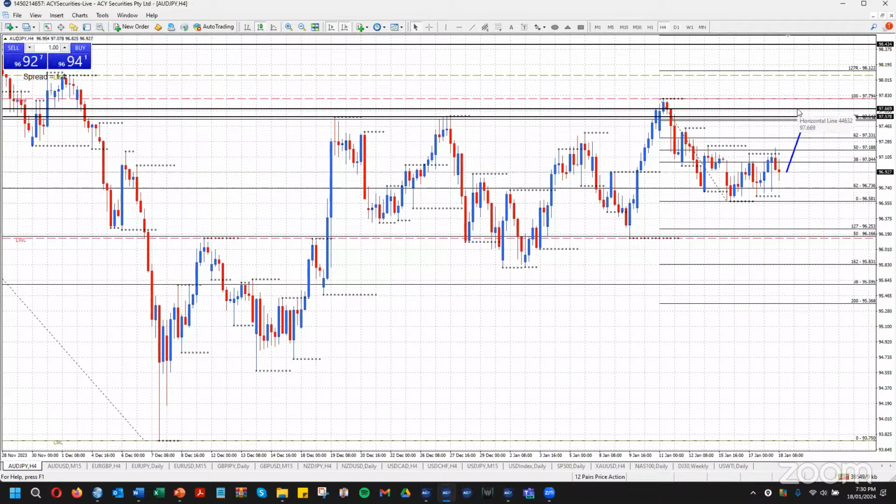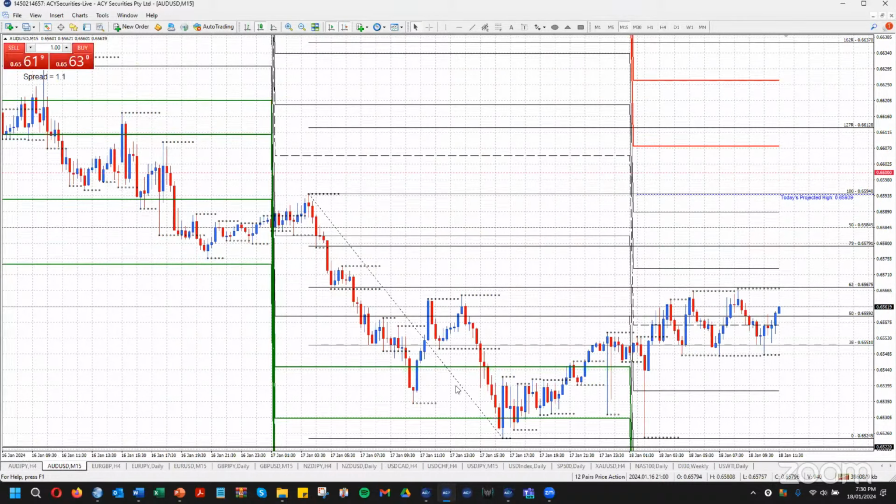That would be an area that we'll watch. That's the selling area if it comes back up to retest at the moment. Don't know whether it can get up there. It's not looking very strong at the moment. But that would be the area that I would watch if you wanted to look at engaging on that pair.